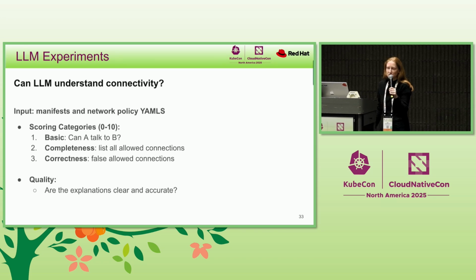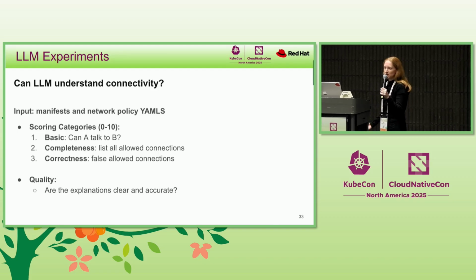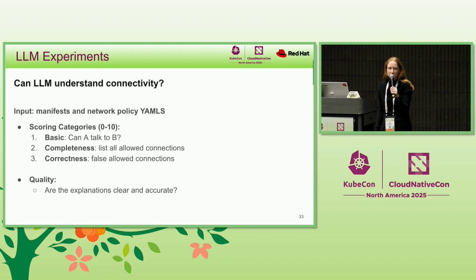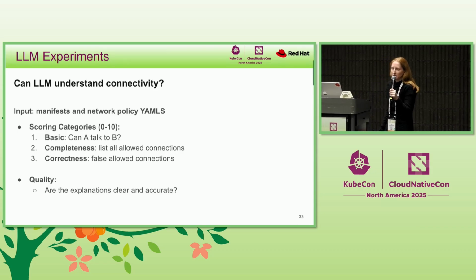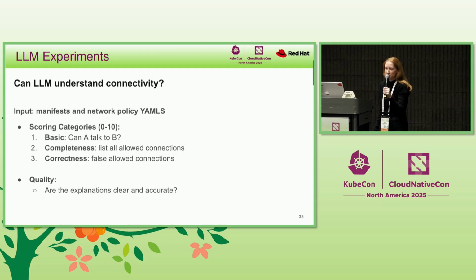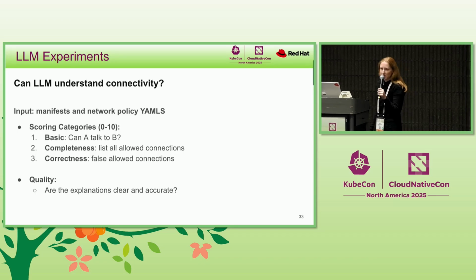It's a yes-no question. Second question, give me the list of all allowed connections. Can it list all the allowed connections correctly? And third question, does it have false positives? Does it also list connections as allowed even though they are denied? And another experiment here for quality of explanations. Can it explain to me why a connection is allowed or denied clearly and accurately?